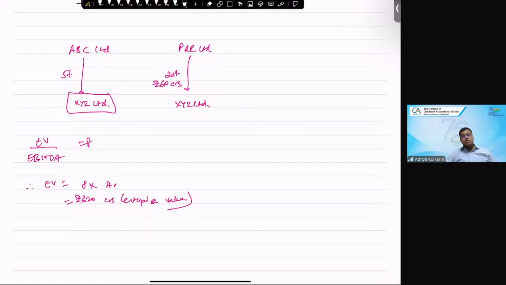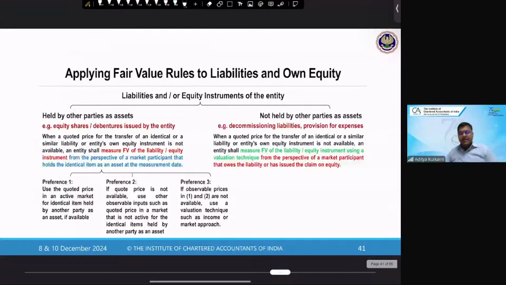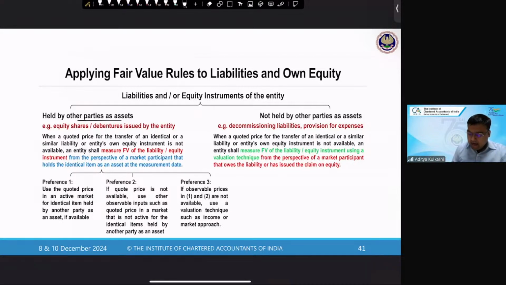No, sir. You don't know. So if you don't know whom you are giving the contract to, how can the opposite party recognize it as an asset? नहीं हो सकता. So my liabilities or equity instruments could either be held by other parties as assets, or not held by other parties as assets. Any doubts so far? No doubts.